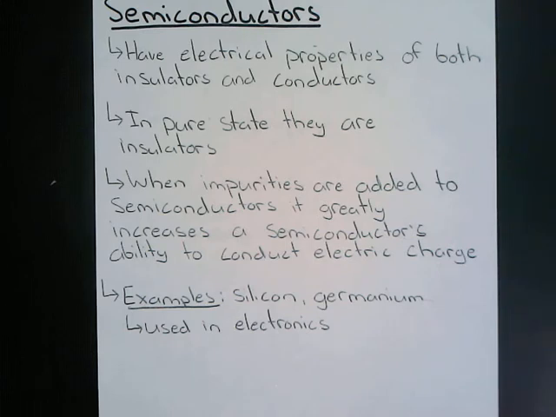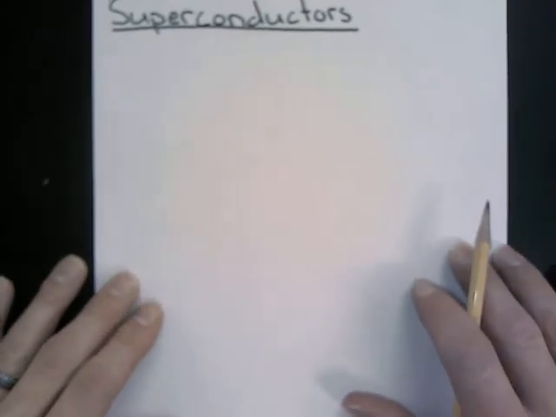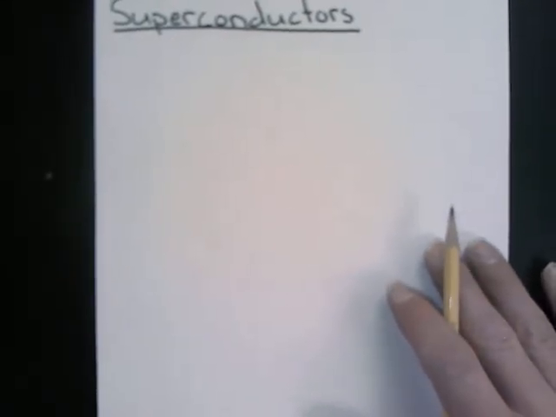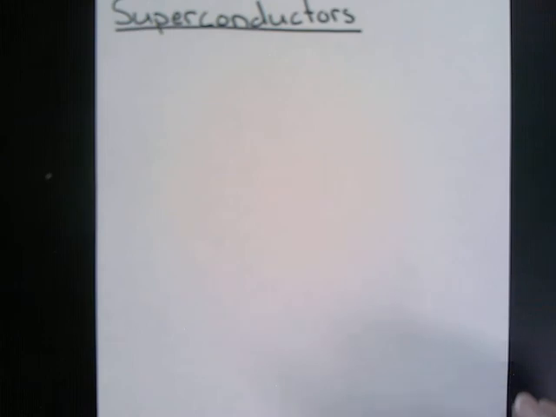Okay, so our last thing that we need to talk about here is superconductors. Superconductors are materials that have zero resistance when their temperature falls below a critical temperature.